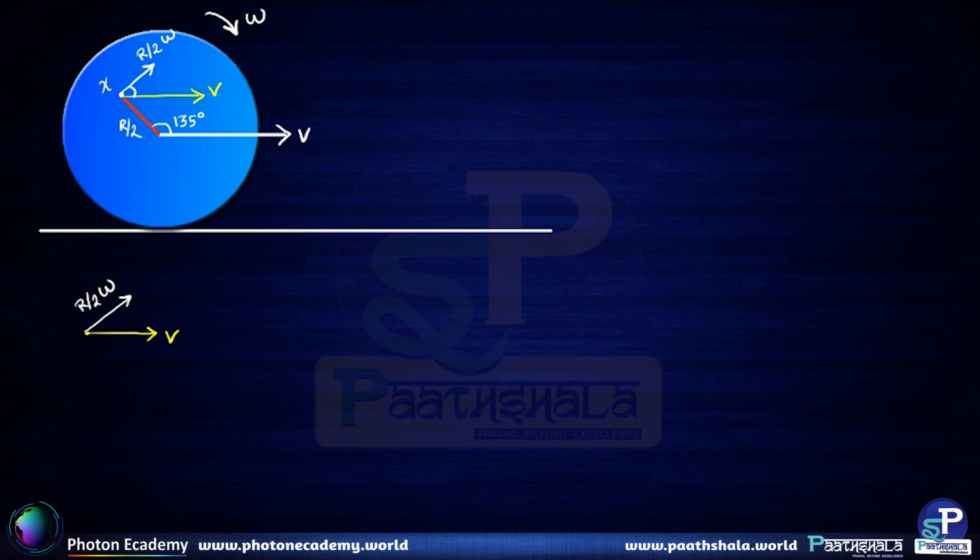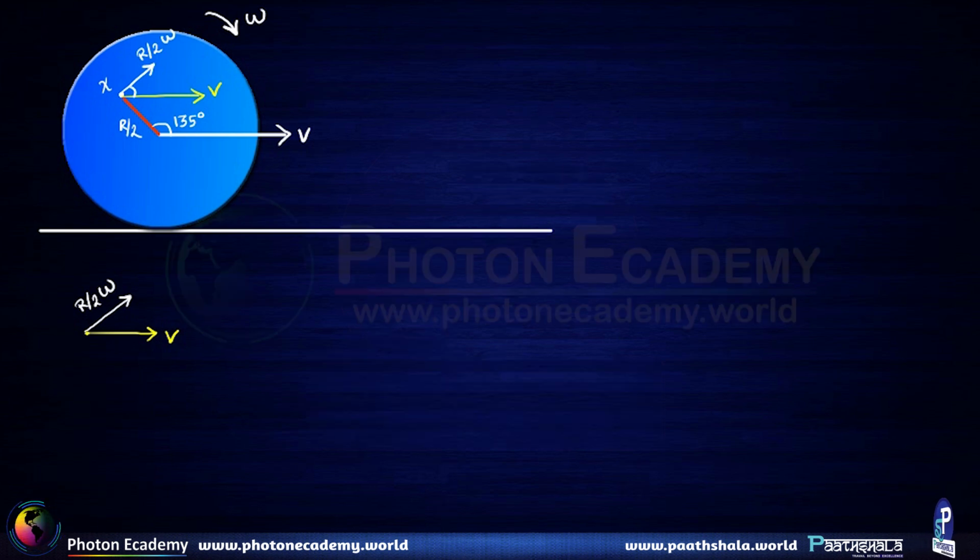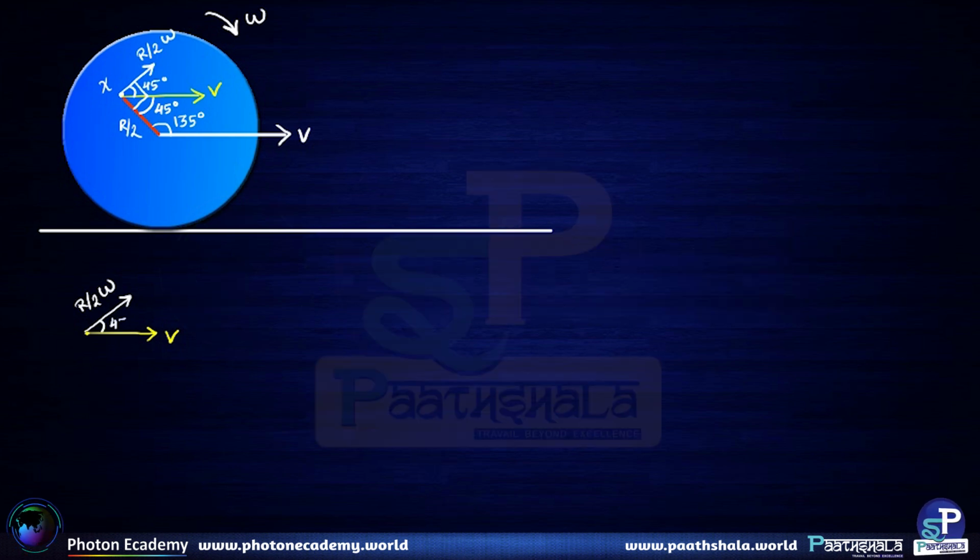This angle is simple enough to find out because this angle happens to be 90 degree and this angle happens to be 45 degree because of parallel lines. This angle is going to be 45 degree as well for this particular point. So here we see that this angle is 45 degree.